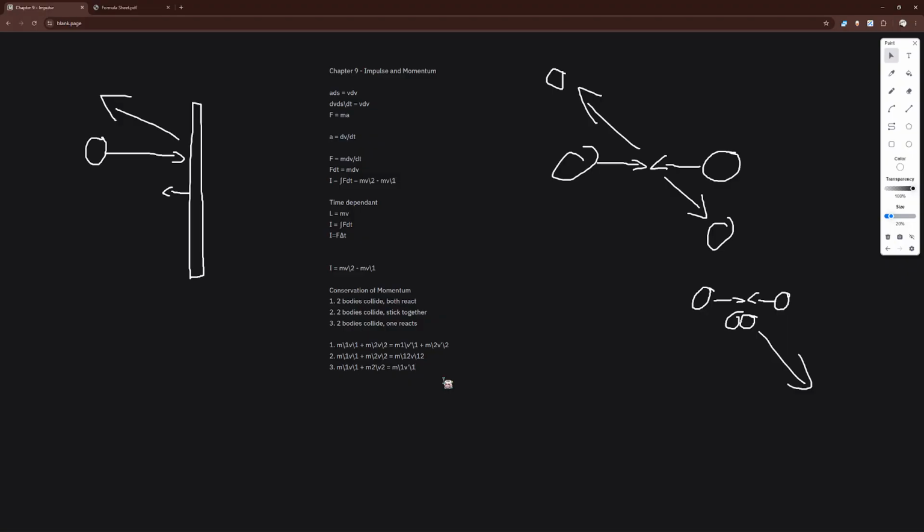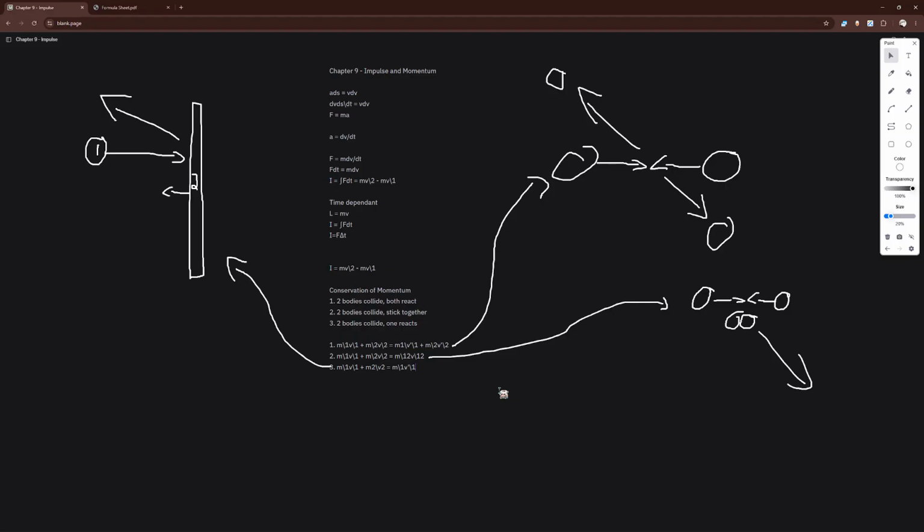And the ball here is 1. I should be labeling 1 and 2 in this case; for the other ones, it doesn't matter because they can be whatever. You could build this equation in any manner, and there are other ways to reshape it, but this is the fundamental conservation of momentum: the sum of the initial momentum is equal to the sum of the final momentum.